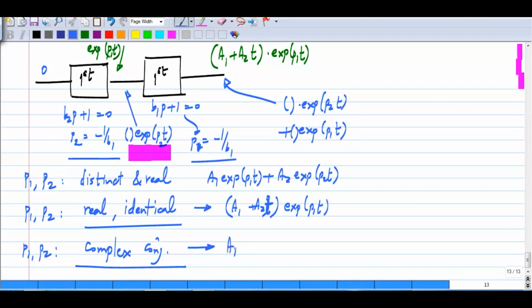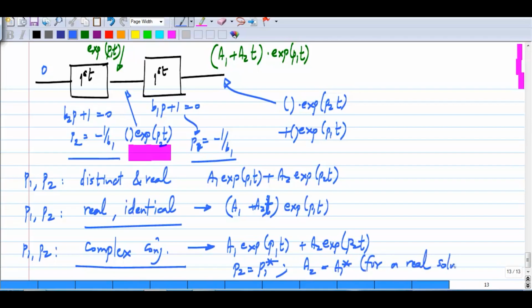So we will have A1 exponential P1t plus A2 exponential P2t, and P2 will be P1 conjugate, which also means that A2 has to be A1 conjugate for a real solution. So that's how we get the different cases for the natural response of a second order system.